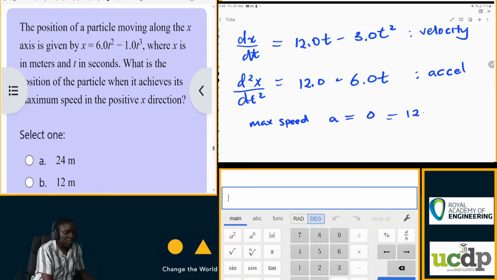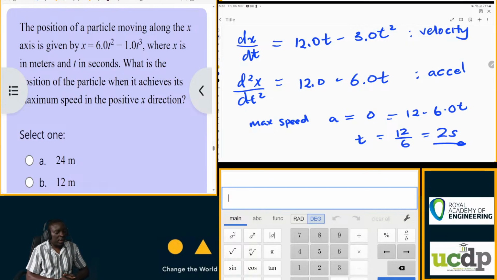So 12 minus 6t gives us 0, and therefore t is equal to 12 over 6, and that's 2 seconds. So at 2 seconds, the object will experience its maximum speed.